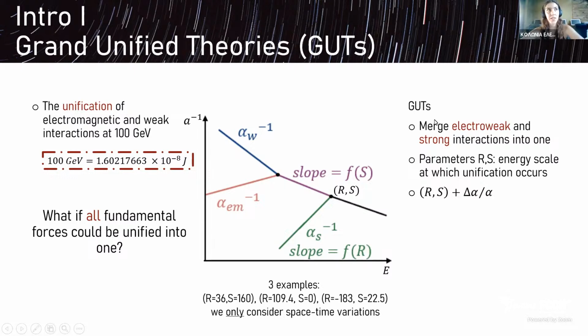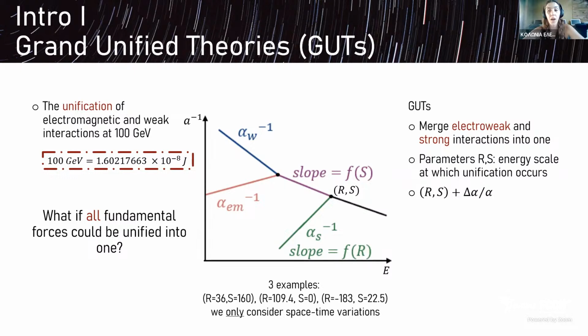Grand unified theories state that there is a certain point above the unification of the electroweak and strong interactions, where the electroweak line, as you can see here in the figure, merges with the strong line, and it forms a novel unified force. The parameters that distinguish different grand unified theories are R and S, and these relate to the energy scale at which unification occurs.